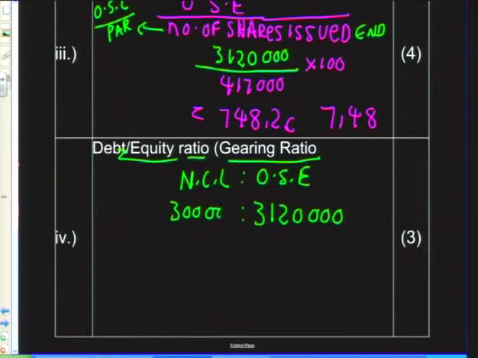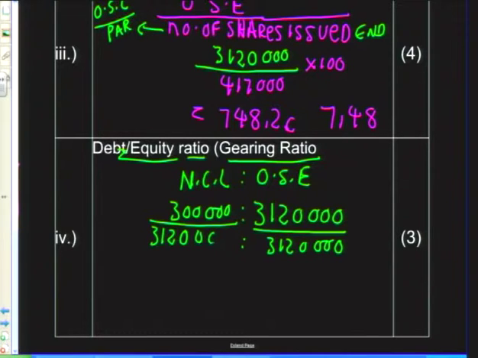And again, guys, whenever you're doing ratio analysis, remember, you want the right-hand side to equal 1. So I'm going to divide again by 312,000. And whatever I do on the right-hand side, I obviously do on the left-hand side as well, 3,120,000. And we're now ready to work out that debt equity ratio.